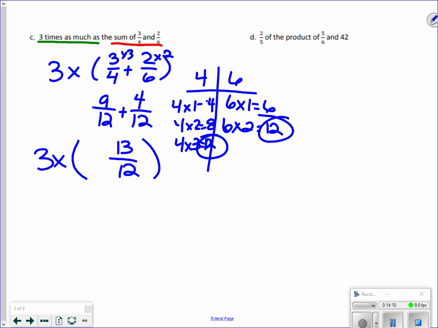You can do this because it's not your final answer, or make it a mix, one or the other. So 3 times 13 is 39/12. 12 goes into 39 3 times, with 3/12 left. Simplified, 3 and 1/4.